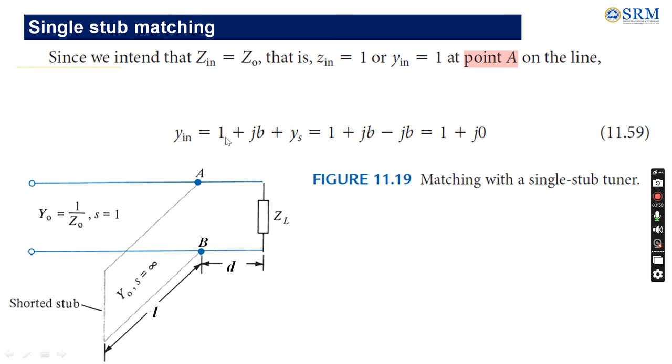This is our aim. It should finally be equal to 1, so that the input impedance is equal to the characteristic impedance. However, because of the reactance available at the load, which is called susceptance on the admittance side, right? I assume that it has a positive susceptance, plus jB.